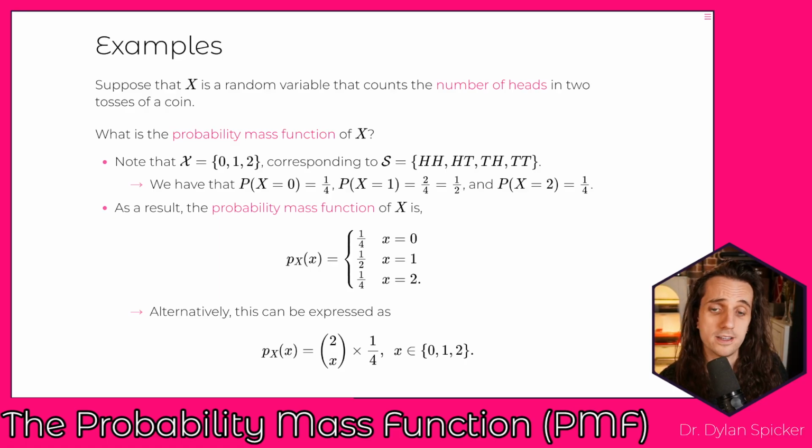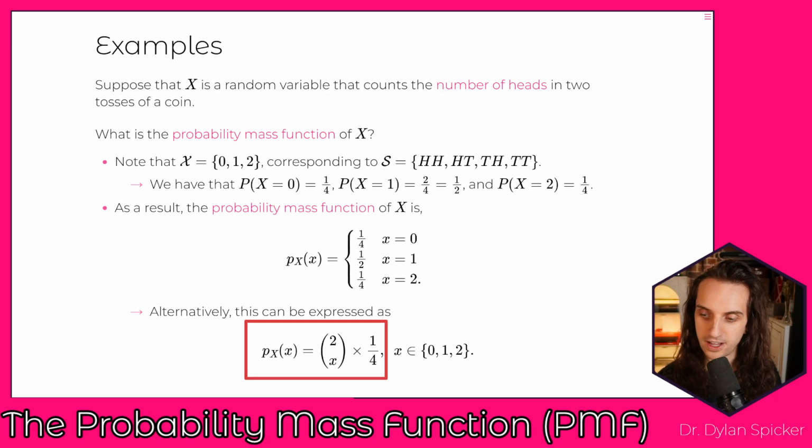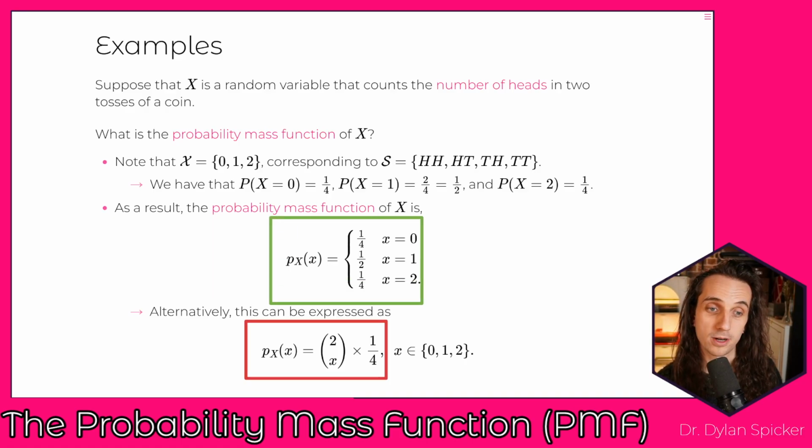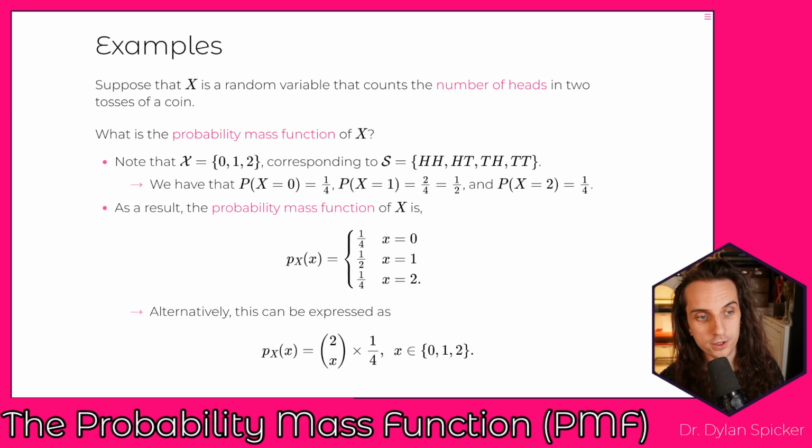Now, if you wanted to, you could express this probability mass function in a different way. So we can express it down here as 2 choose x times 1/4. And I'd encourage you to look and make sure that you get the same value as up here, that you get the same expression when you look at it. You don't have to express it this way, but if we do, what's important for us is to clarify, well, what are the values that x can take on?